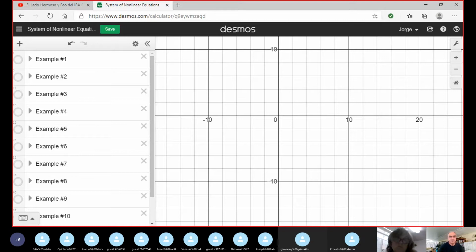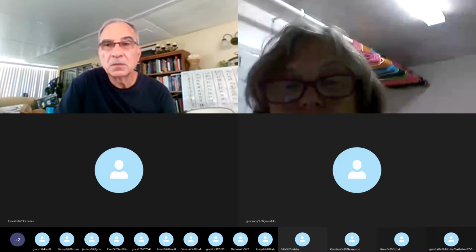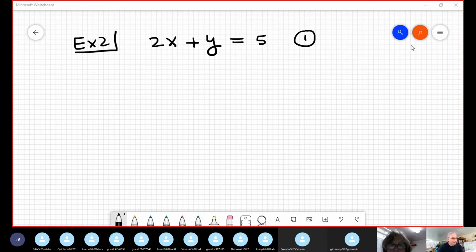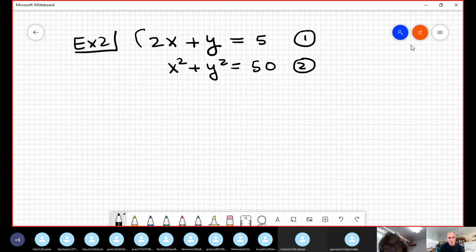Example 2 is 2x plus y equals 5, and x squared plus y squared equals 50. This is very similar, no? So what should I do? You help me now.